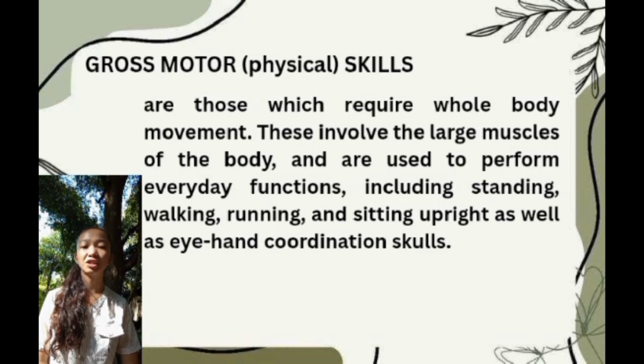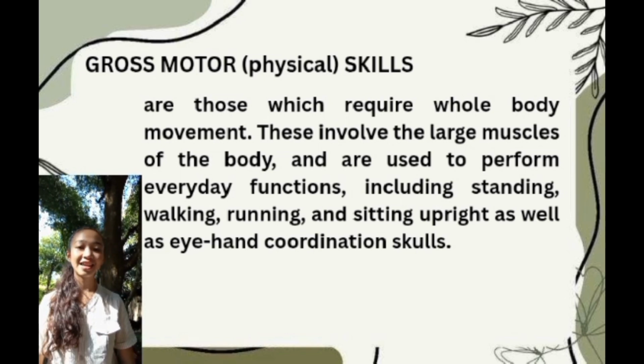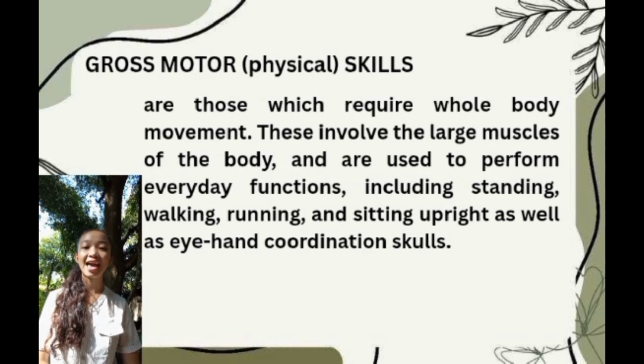Gross motor physical skills are those which require whole body movement. These involve the large muscles of the body and are used to perform everyday functions including standing, walking, running, and sitting upright, as well as eye-hand coordination skills.